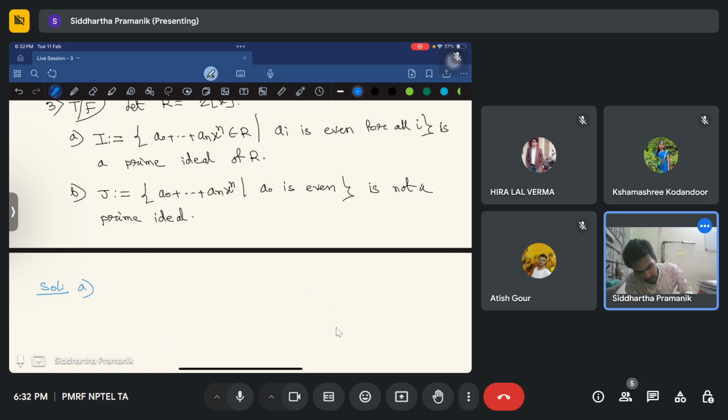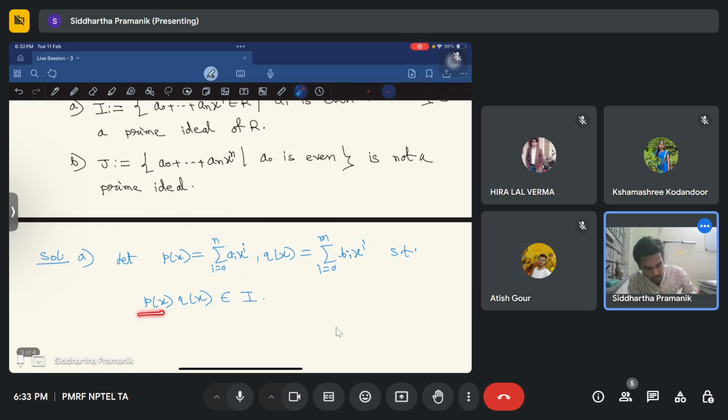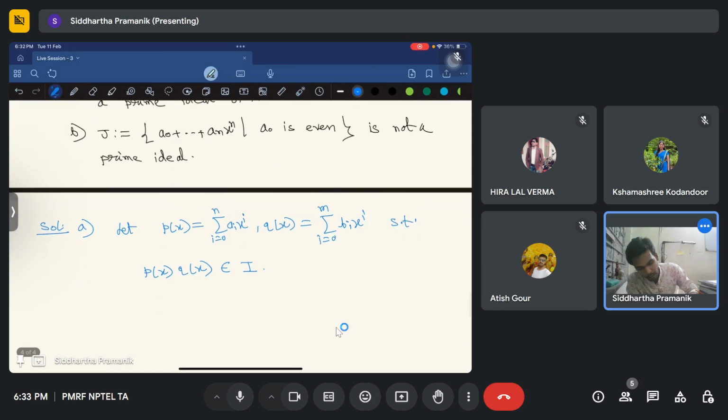So for A, let Px equal the summation of Ai times x to the power i, and Qx equal the summation of Bi times x to the power i, i equals 0 to m, such that their product Px times Qx belongs to I. What we need to check is whether Px or Qx belongs to I. Now this product is in I, so what can you say about the coefficients of the product?